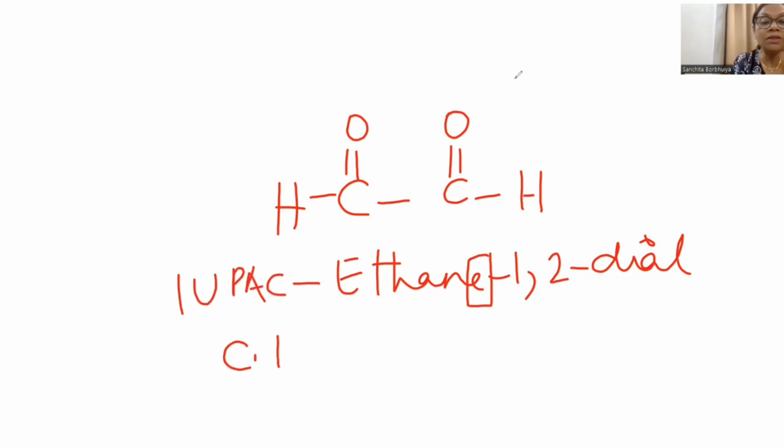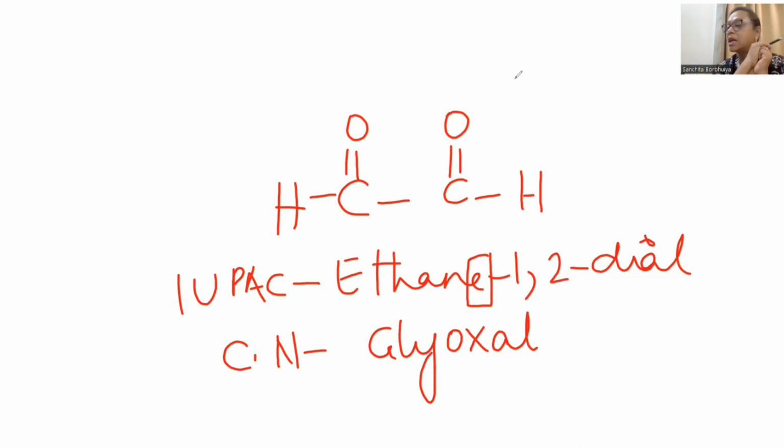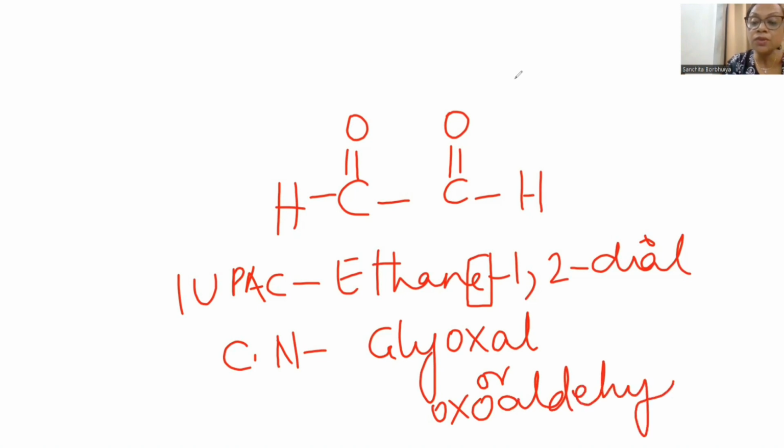And the common name, it's called glyoxal. Or it's also called oxoaldehyde. Right? All sorts of common names you can find in literature. So this is oxoaldehyde. You can even call it ethane dialdehyde. Right?